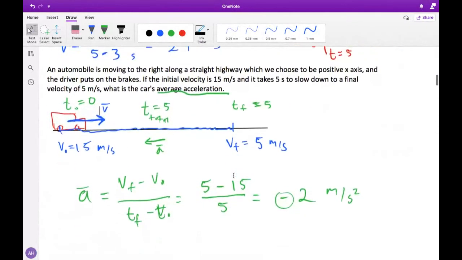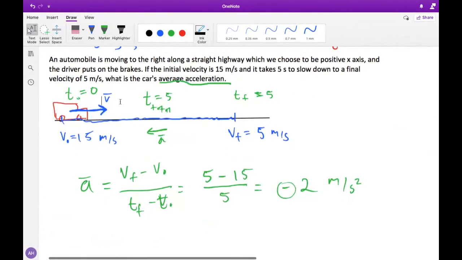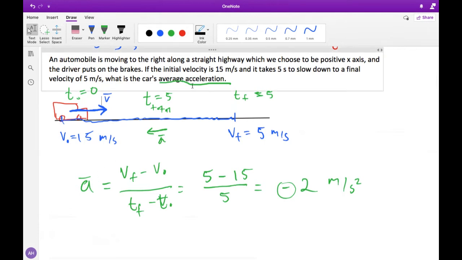I think I was last talking about this velocity and its acceleration before I got muted. Basically, as we calculated the average acceleration here, we saw that it ended up being negative, which just indicates that the acceleration vector is pointing to the left, whereas this velocity vector was pointing towards the right.